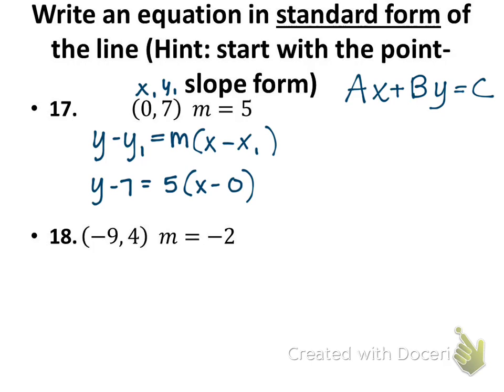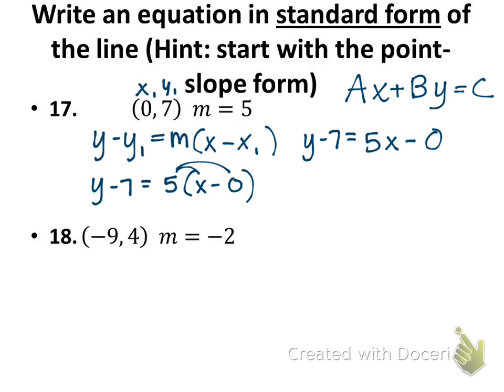What would I do? Distributive property. Very good, because I want to start simplifying this. So y, I'm going to write it over here to the side, minus 7 equals 5x minus what? 0. Don't tell me that 5 times 0 is 5. Now, I need it in standard form. Is this standard form? No. What's out of order?